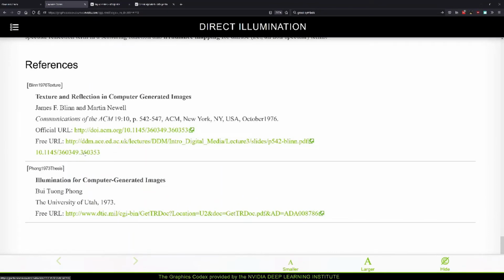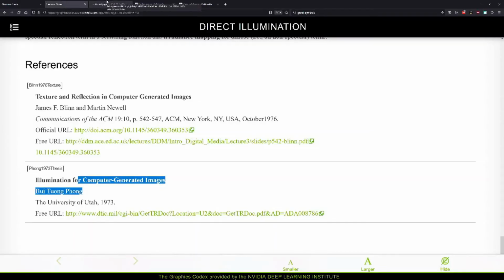And it would be one of these? I like the free URL. I appreciate that. Illumination for computer generated images. This is the Phong paper. Oh, it says thesis. And the link's not working.